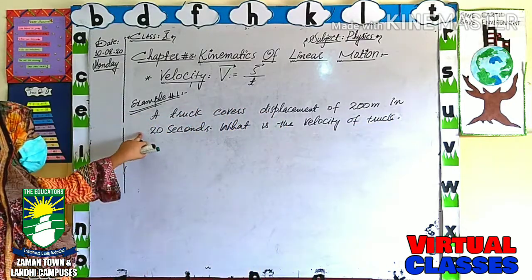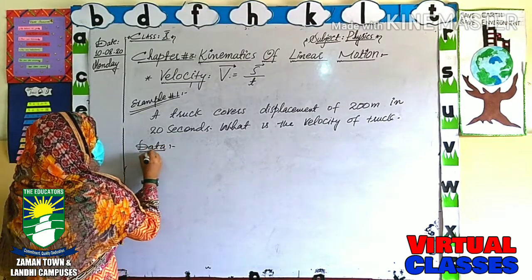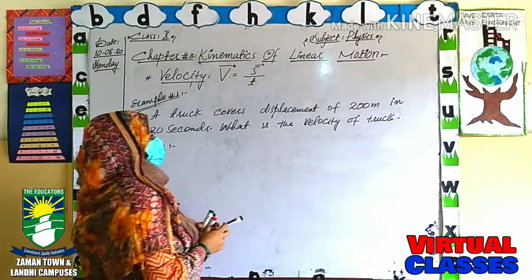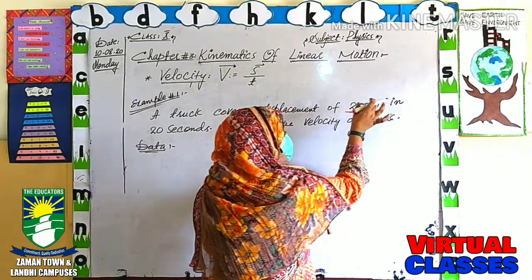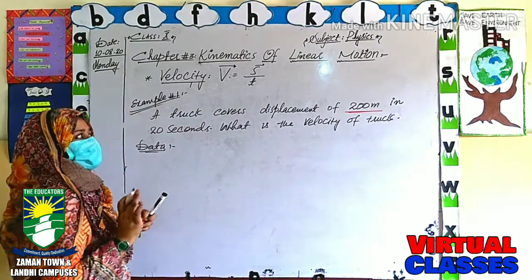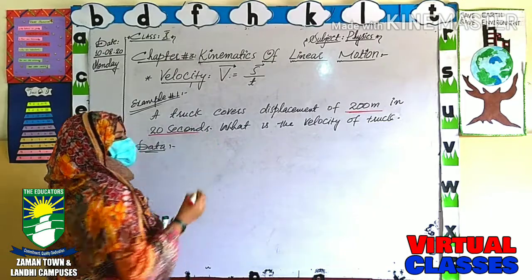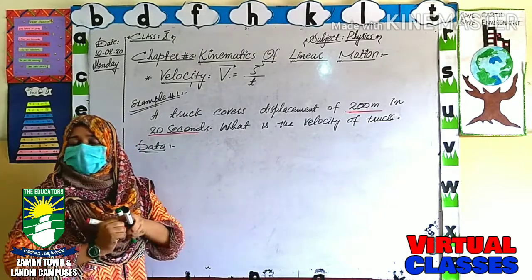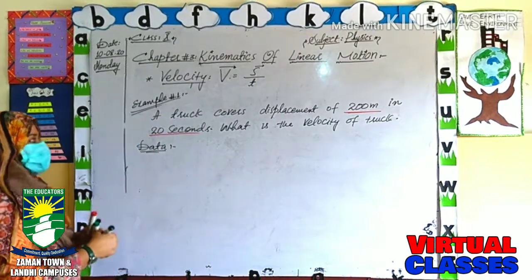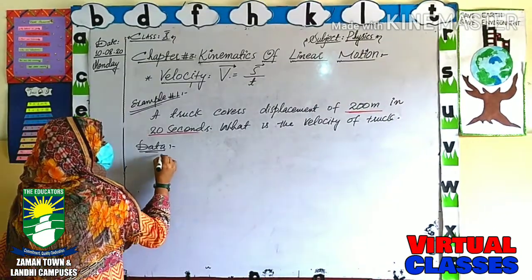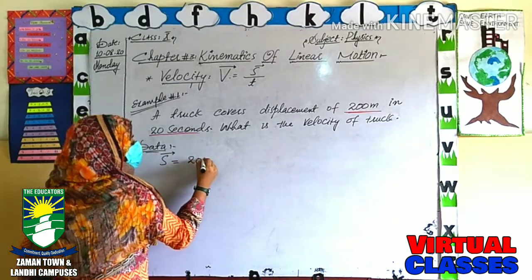In this numerical, what's the data given? We are given 200 meter. The unit tells you what's given: meter is the unit of displacement or distance. The second thing given is 20 seconds, and second is the unit of time. So time and displacement or distance are given. Because I use the word displacement in the example, S will be equal to 200 meter.